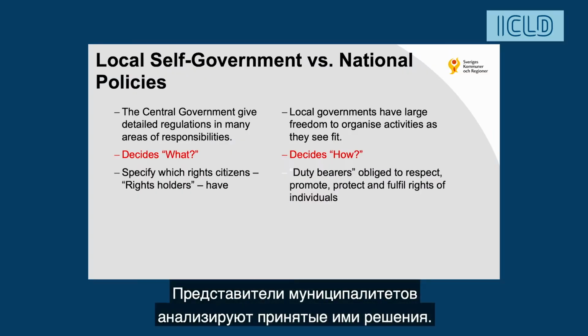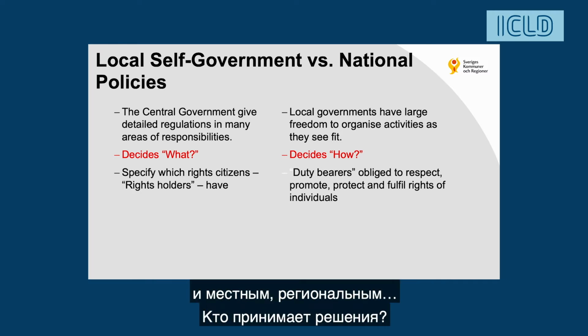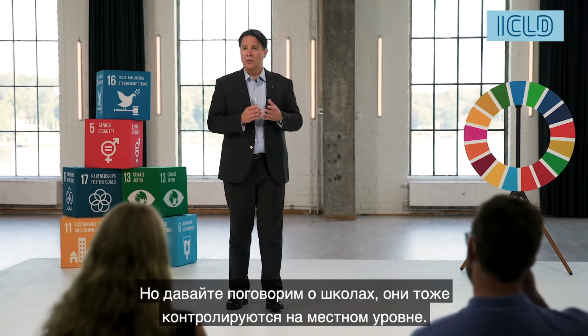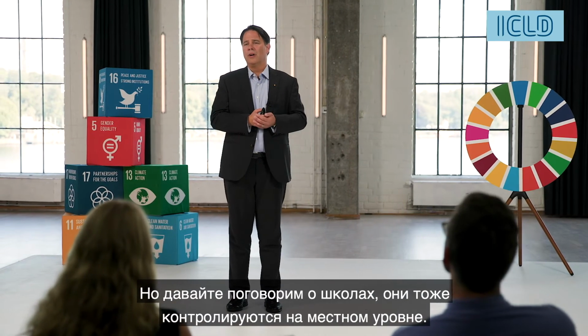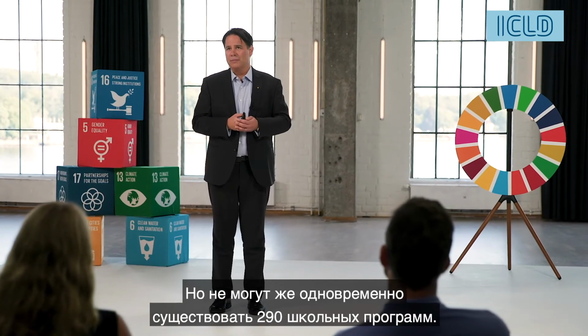It gives a dialogue, it gives a consensus, a better understanding for the decisions that have been taken by the municipalities. Again, to make clear, to come back to this difference between the national level and the local and regional level, who takes what kind of decision. We mentioned earlier the areas of responsibility, but for example, the school is on a local level, so you can't have 290 different types of school programs.